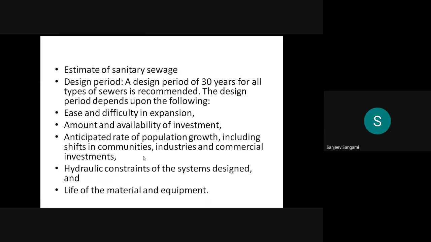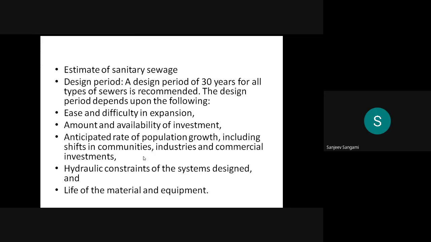Normally sewers are designed for gravity flow. If the proper RL is not there, sometimes you have to excavate more, or make suitable construction, so that the sewer is designed in proper locations.